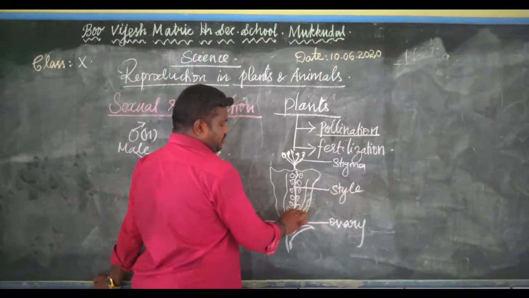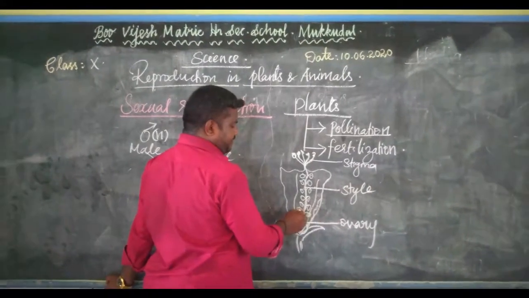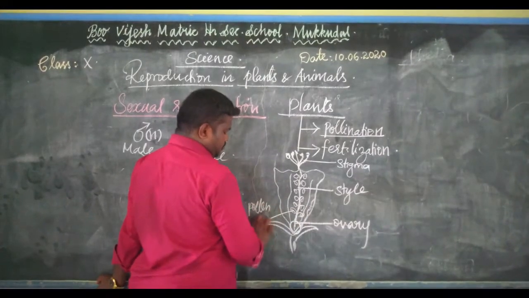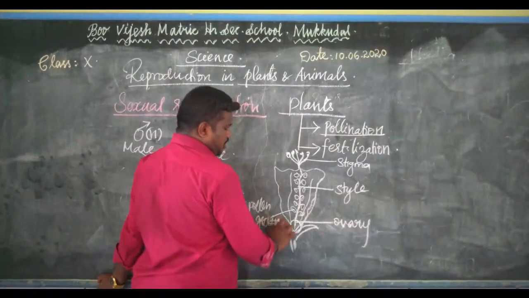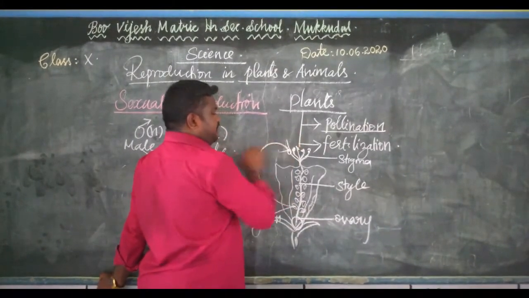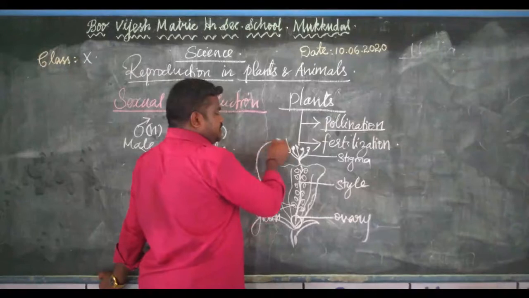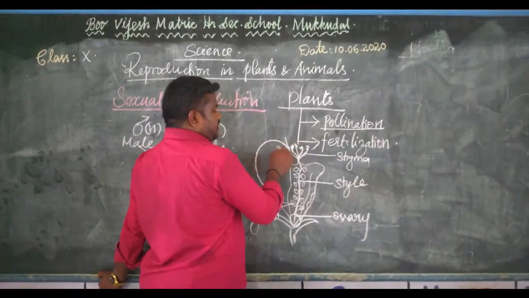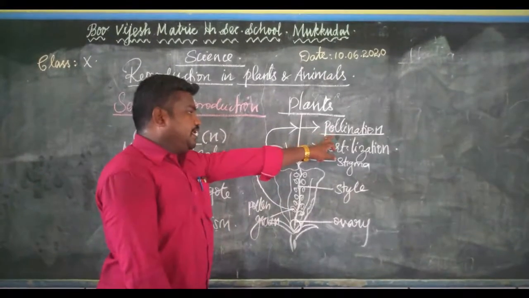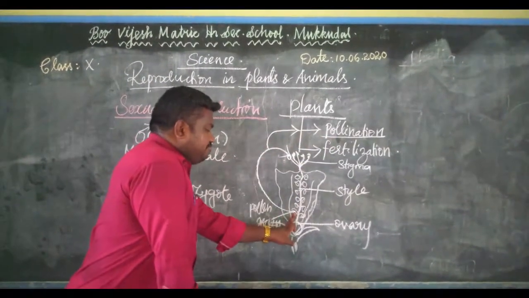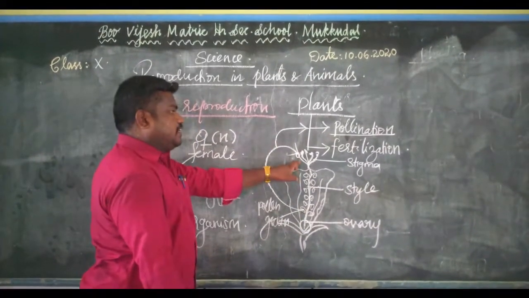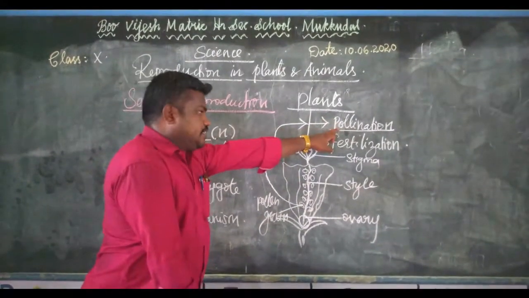So the transfer of pollen grains, this is the pollen grains, from anther to the stigma of the flower, that is known as pollination. So what is the definition of pollination? The transfer of pollen grains from anther to the stigma of the flower, that is known as pollination.